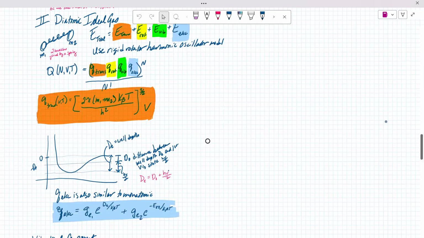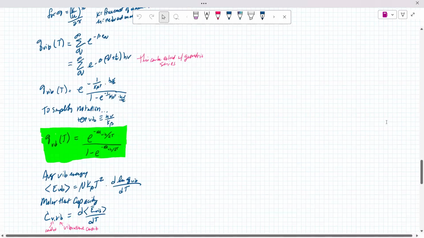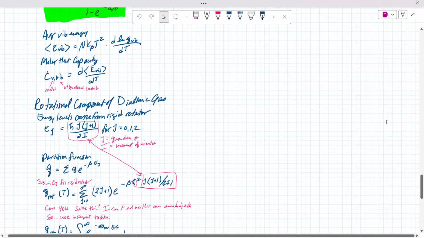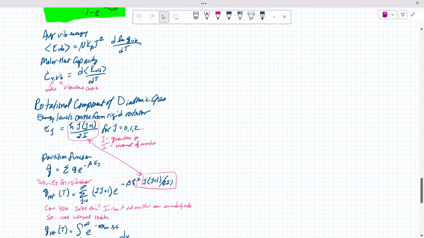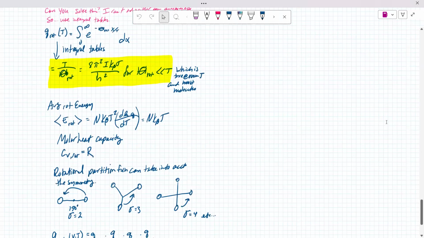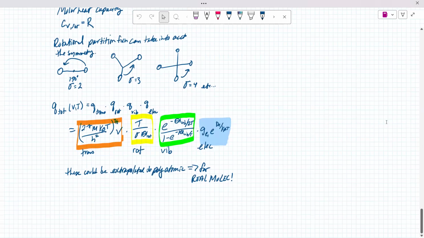We have the total energy: the electronic part, the translational part, then the vibrational part, and then the rotational part. We got this equation, and then we looked at the average energy. So we had all these different parts put together.